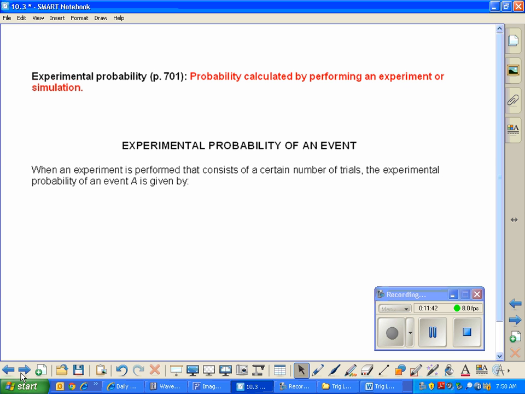Alrighty. Last type of probability we have to talk about today is called experimental probability. And this is probability that is calculated by performing an experiment or a simulation. There's a formula for it. I'll give you that in just a second. Again, it's the probability calculated by performing an experiment or a simulation.